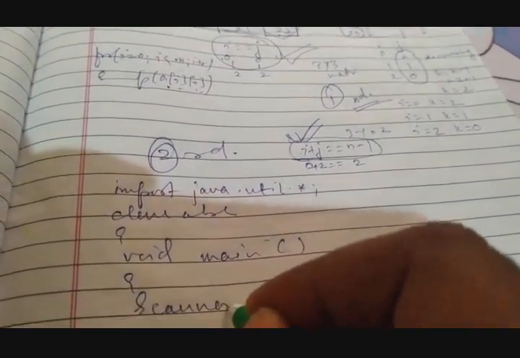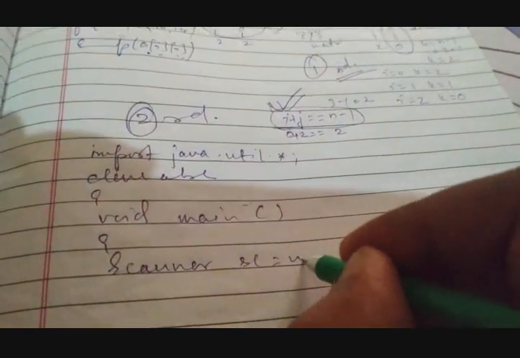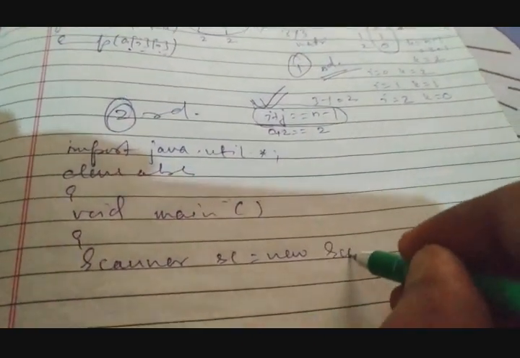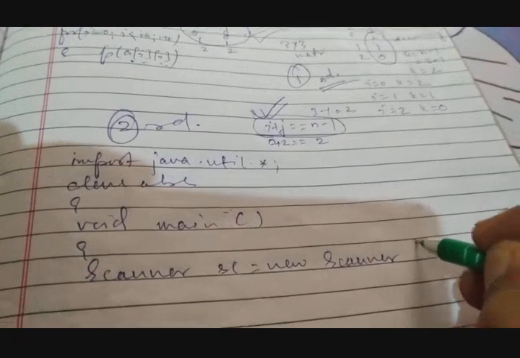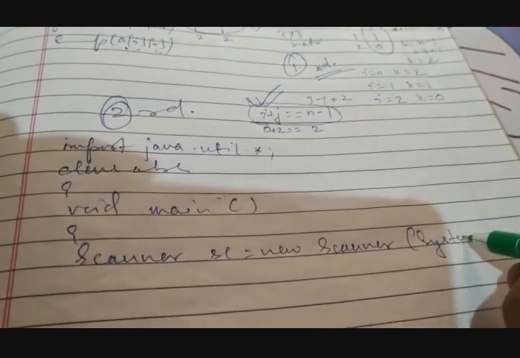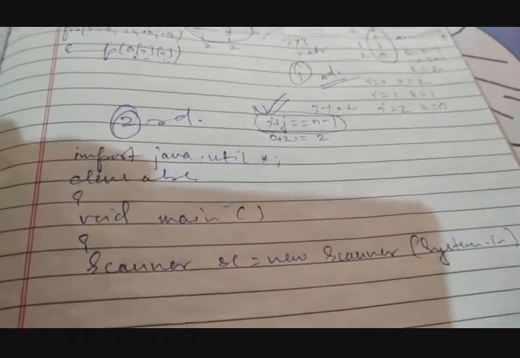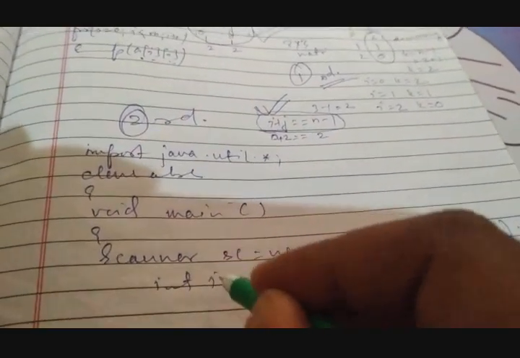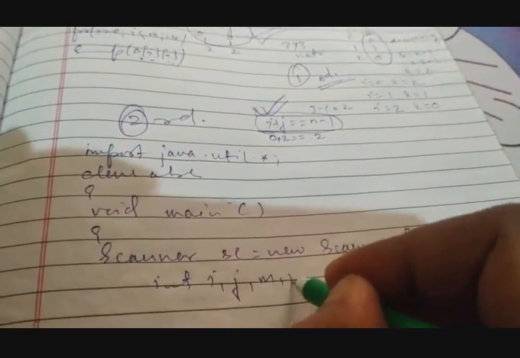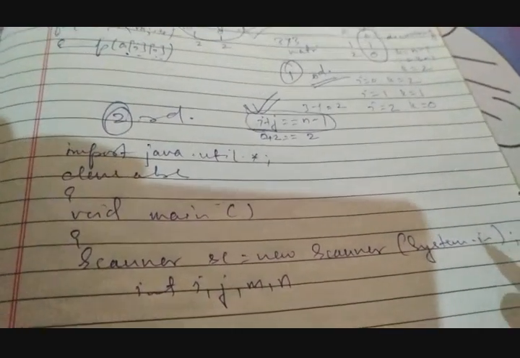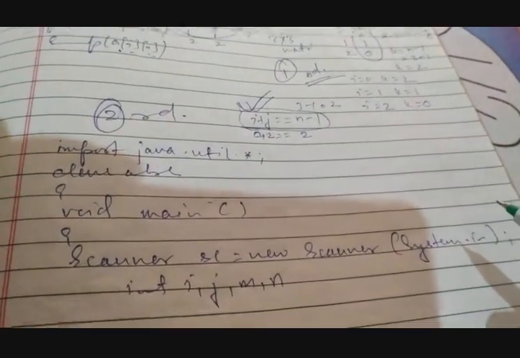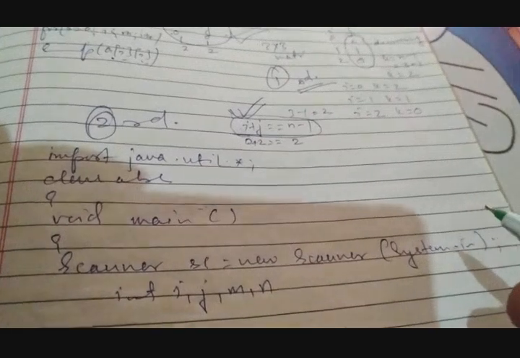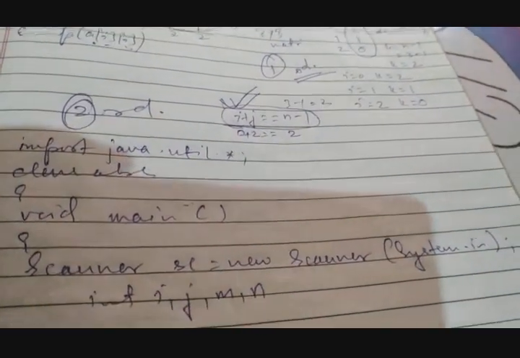Scanner, System.in. What do you require? We require i, j, m, n. m into n matrix.